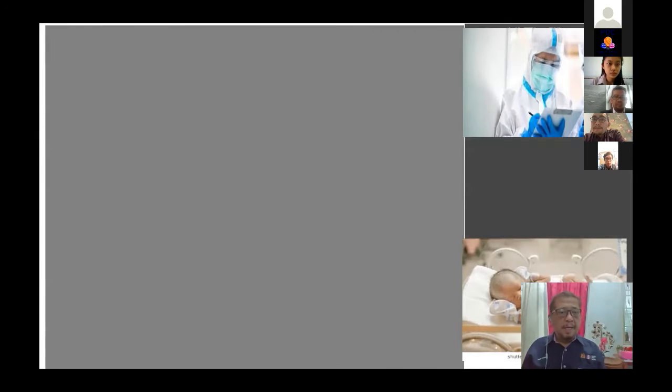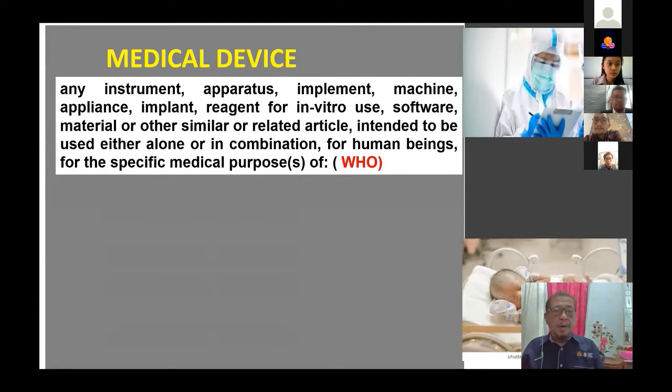Okay, let us start by defining what is a medical device or medical product. The World Health Organization has defined medical devices or products as stated in my slide, which is an instrument, apparatus, implement, machine, appliance, implant, reagent, or software that is intended for use for human beings in the medical profession.